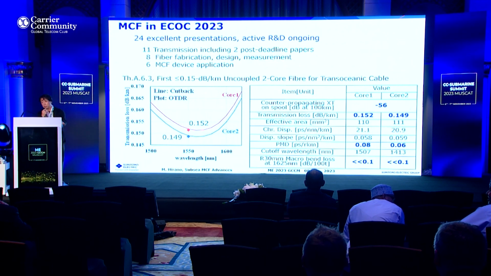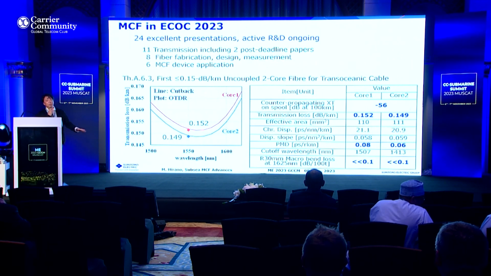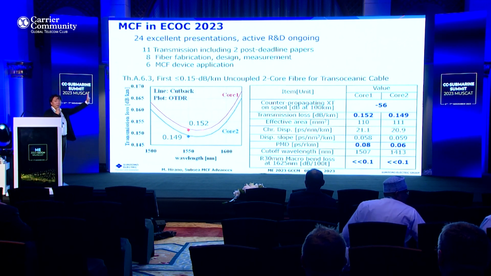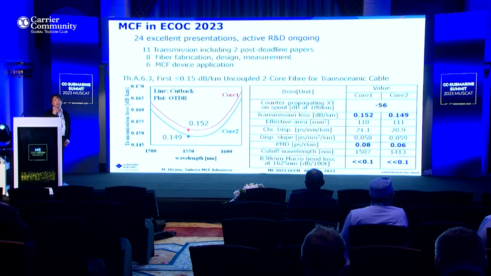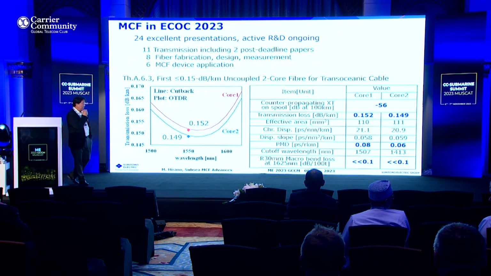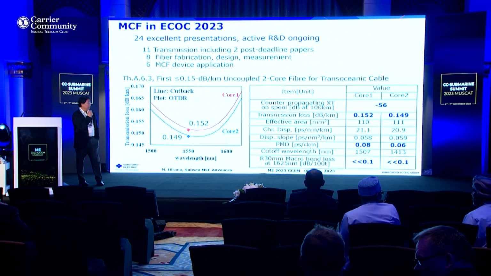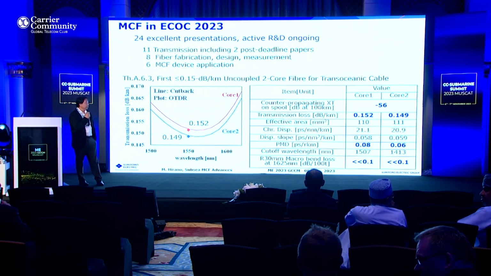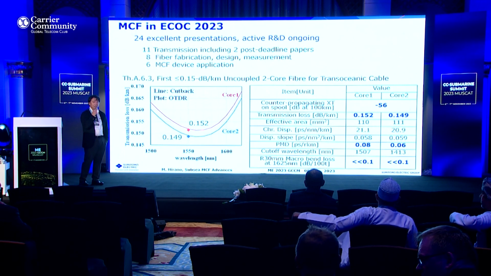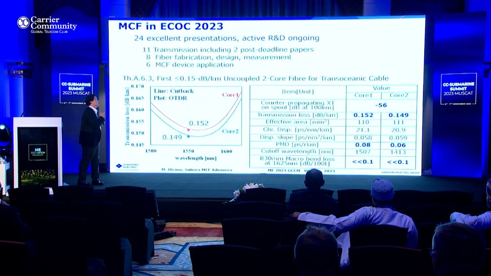Yeah, but this is not a specification. This is a fabrication result, presented last week. One thing I noticed was the cutoff wavelength. There seems to be quite a huge variation between core 1 and core 2, 1507 and 1413, right? Is that something you're seeing in production as well?